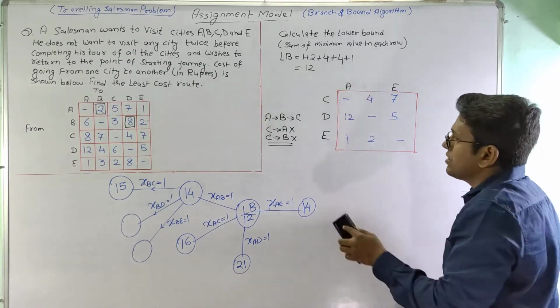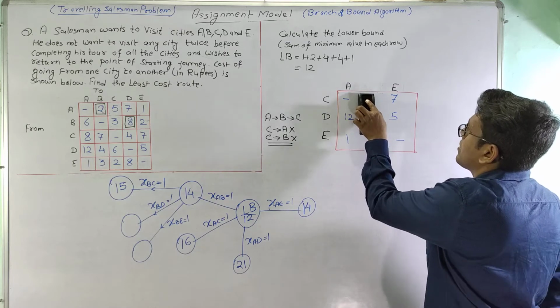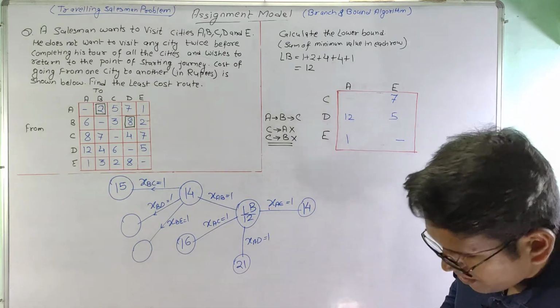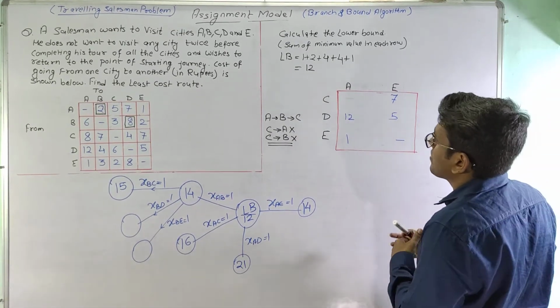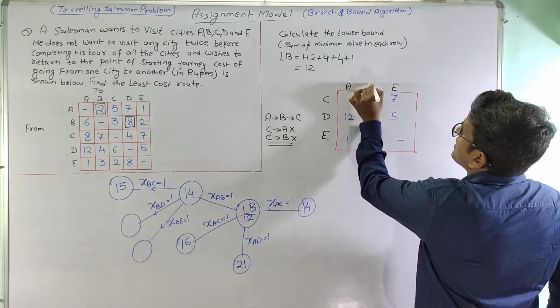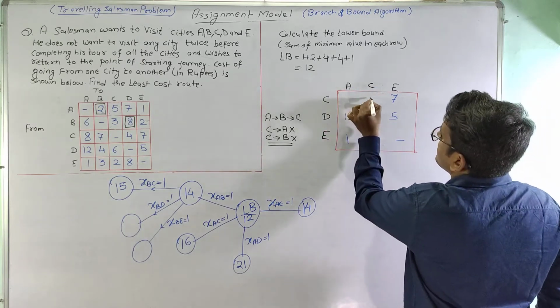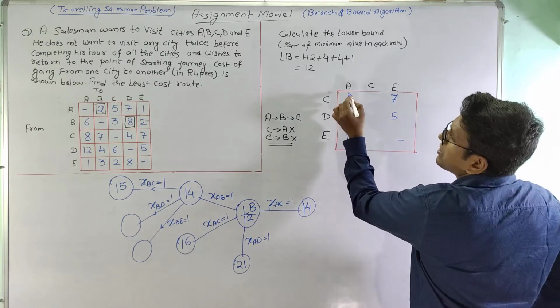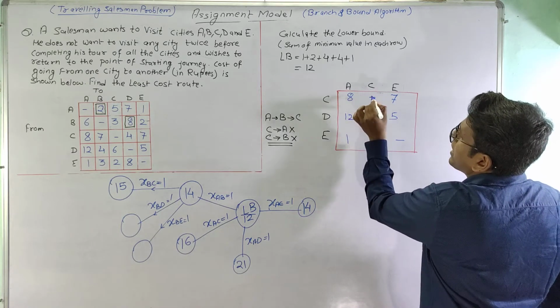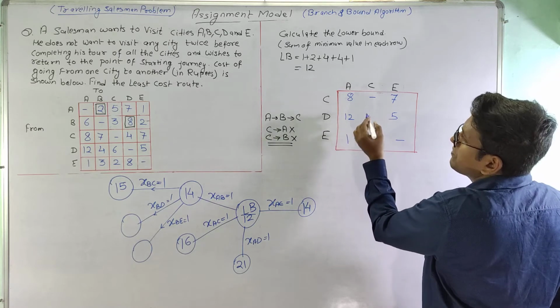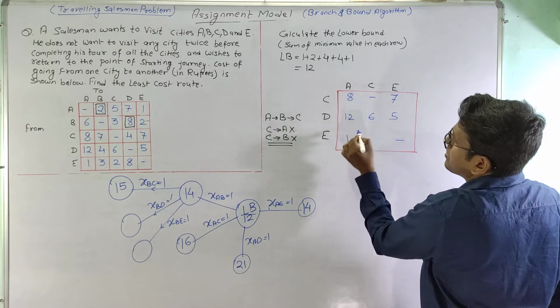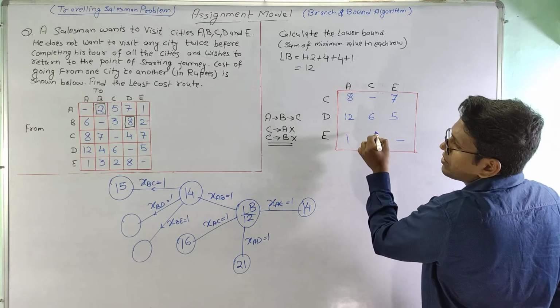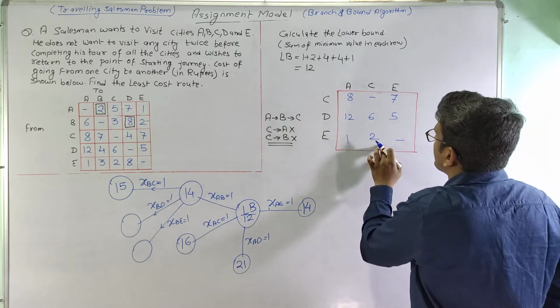So this will be A, C and E, and this is C, C will be dash, this will be 8, this will be dash, C, D, C will be 6, E, C will be 2.